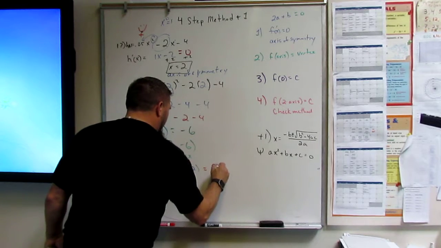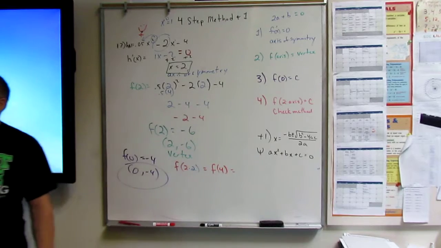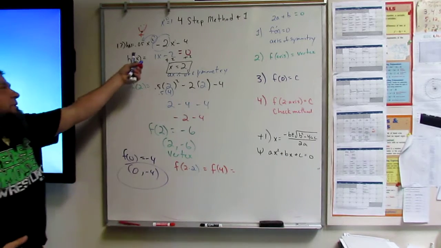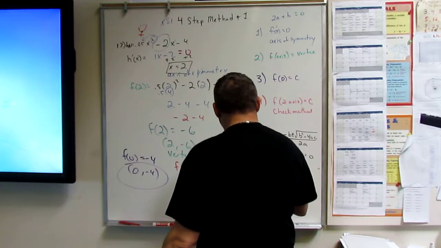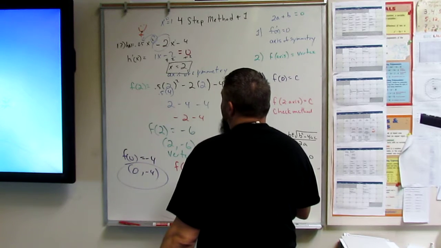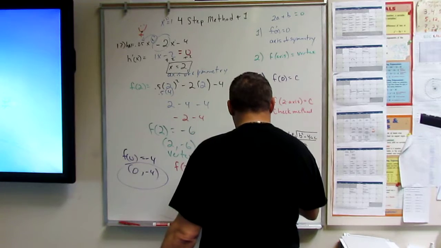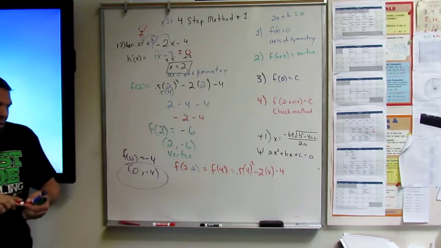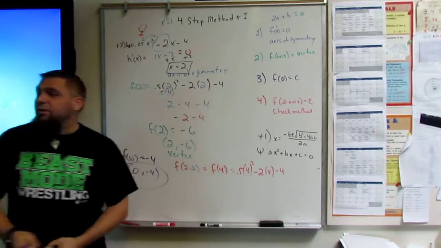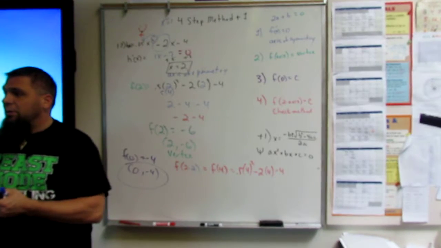F of 4, correct? And then I plug that into the formula here: half of 4 squared minus 2 times 4 minus 4. Now these should cancel. If they don't cancel, I did something wrong.